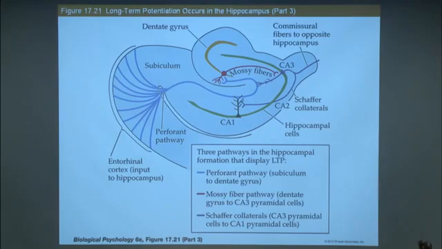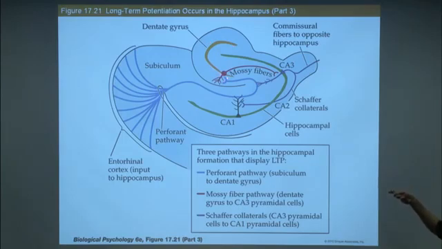CA are subfields of the hippocampus. It stands for cornus ammonis, which refers to horns of a ram, because people thought that these looked like kind of ram's horns.